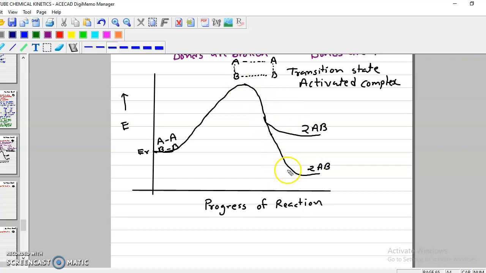This way the reaction proceeds. If you want to carry out the reaction, that means we want products, so a minimum of this much energy is required. This energy, which will bring the reactants to the transition state, is known as the energy of activation.